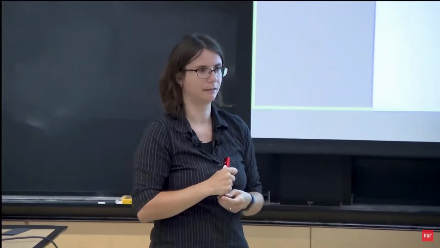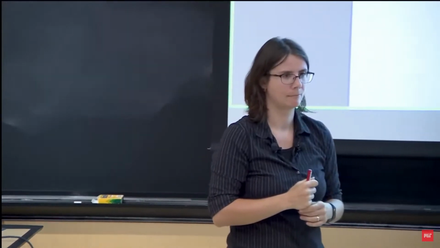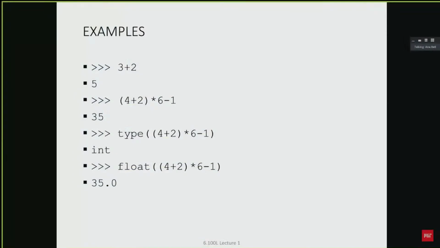So when you're inserting expressions in type or float, are they acting as operators then? Oh, I see. Since you said they're expressions, and you said that you need object, operator, object. Yeah, that's a good question. In this particular case, the type and the float, there is no operator, I guess.